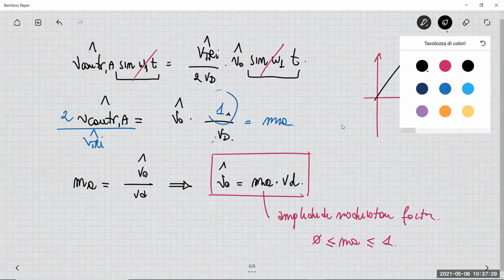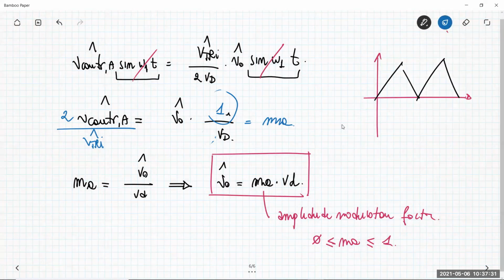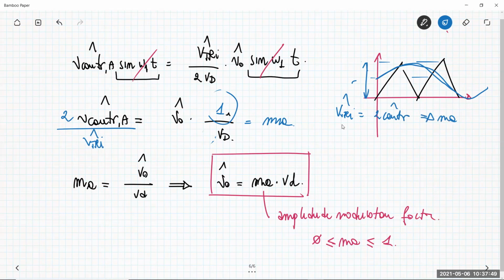In one situation, for example here, when the sine wave reaches the peak value, V triangular peak is the same as 2 times the control voltage peak, then MA is equal to 1.